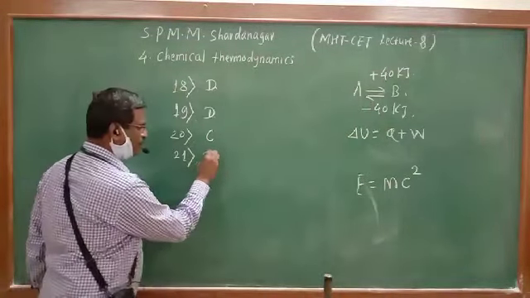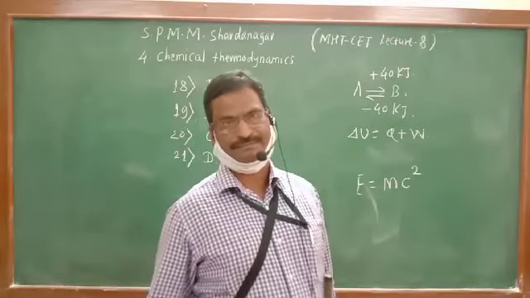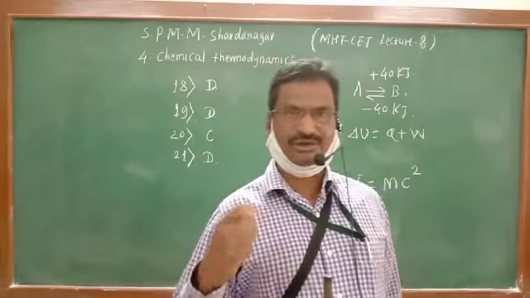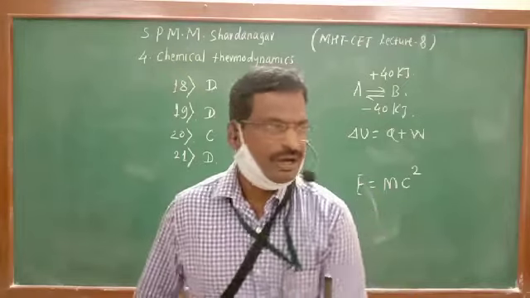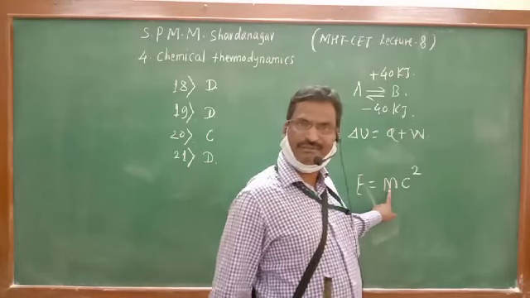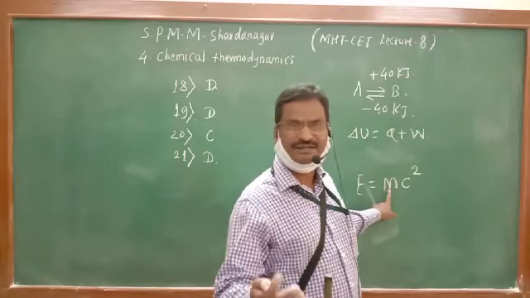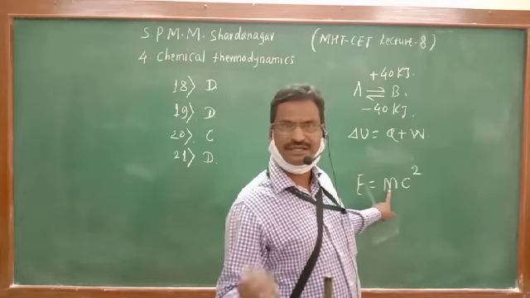It is the modified form of first law of thermodynamics, because certain energy is lost. According to Einstein's equation, energy and mass are interconvertible into each other. Whatever the loss in energy is there, that is converted into mass.